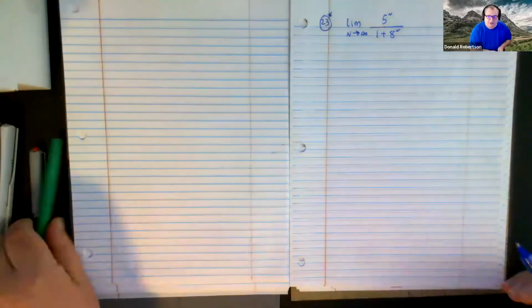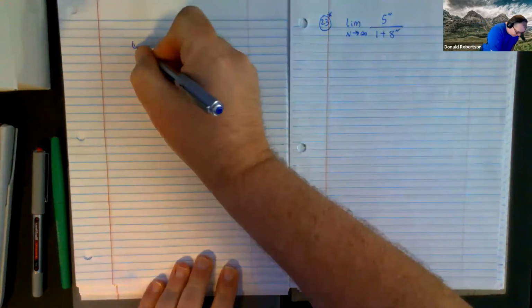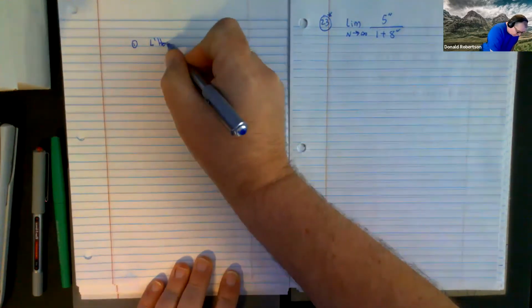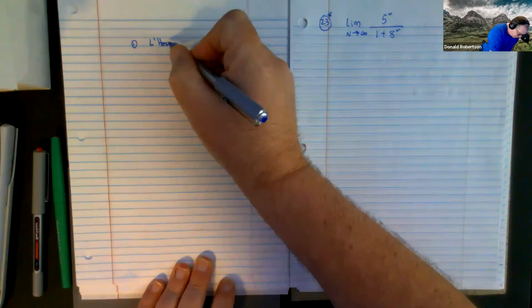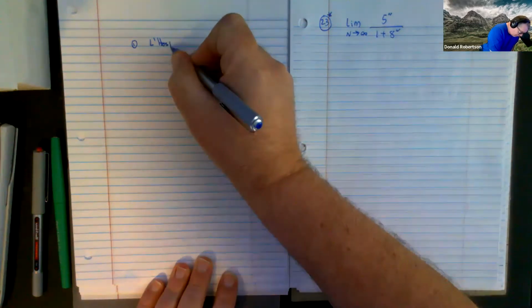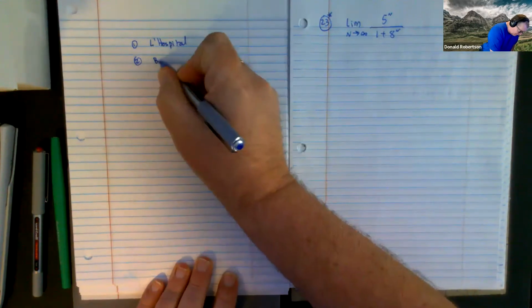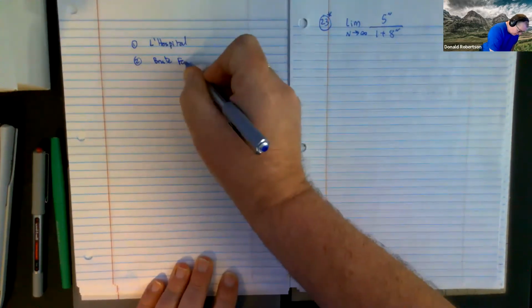In particular, we're going to look at finding the limit of a sequence. So here is a sequence. There are a number of techniques we could use. One is L'Hopital. We could use brute force, so I'm not putting them in any particular order today.